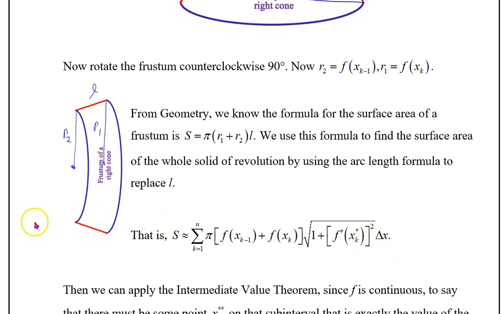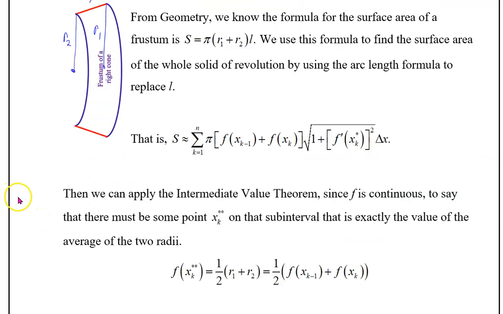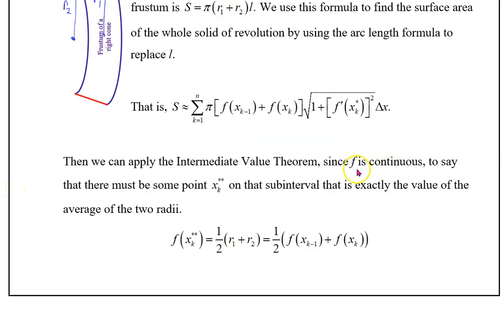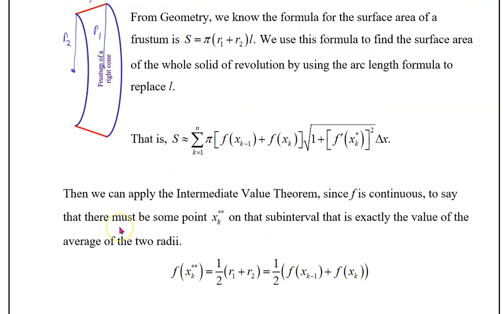Then we can apply the intermediate value theorem, since f is continuous, to say that there must be some point x sub k double star on that subinterval that is exactly the value of the average of the two radii. Well, that's because the intermediate value has to be taking place somewhere between the two.